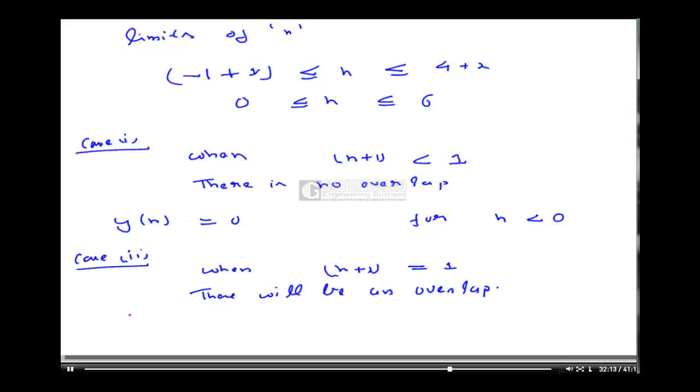Thus I can find y of 0. This implies that in the first case I can write y of minus 1 is equal to 0. So here y of 0 will become 1 into 1 is equal to 1. On the similar lines, if I draw, it will be something like this.